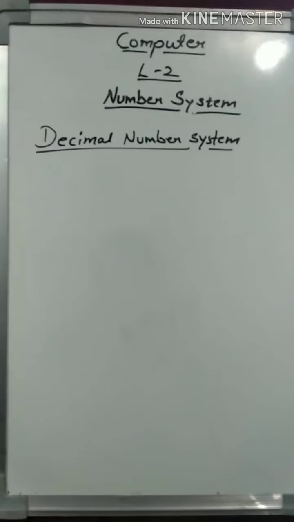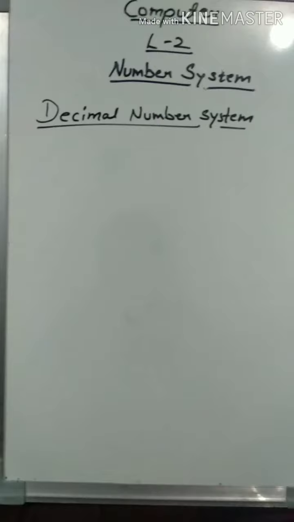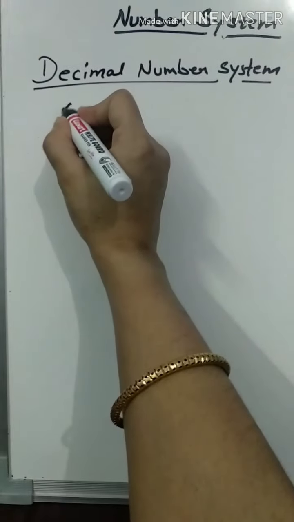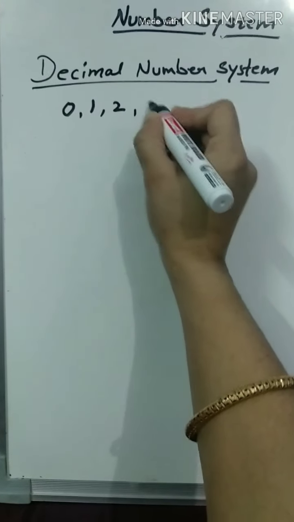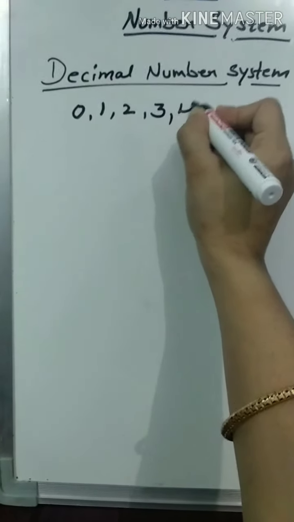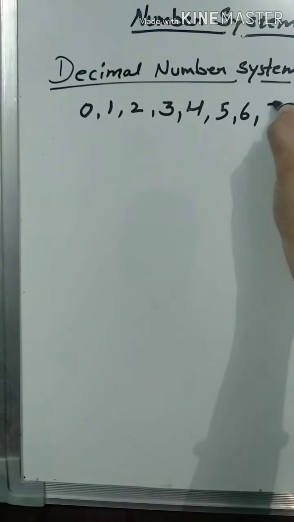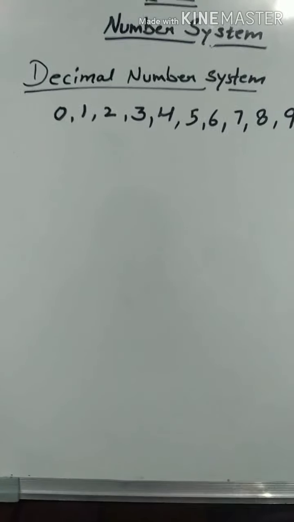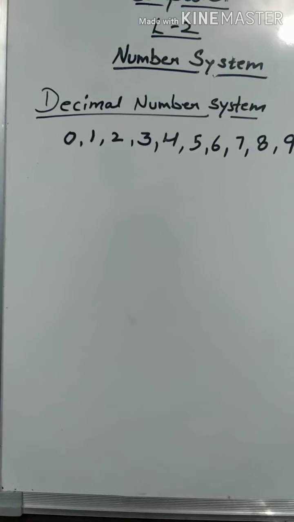Okay, now we are going to understand the decimal number system. In the decimal number system there are 10 digits, that is 0 1 2 3 4 5 6 7 8 and 9. These are all 10 digits which we use to form numbers.